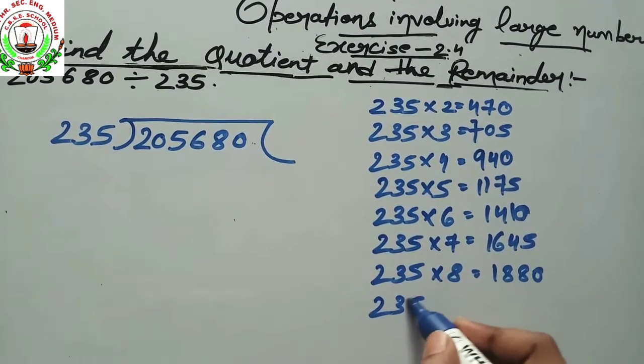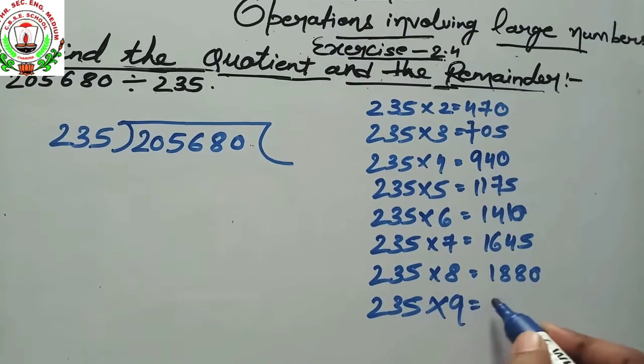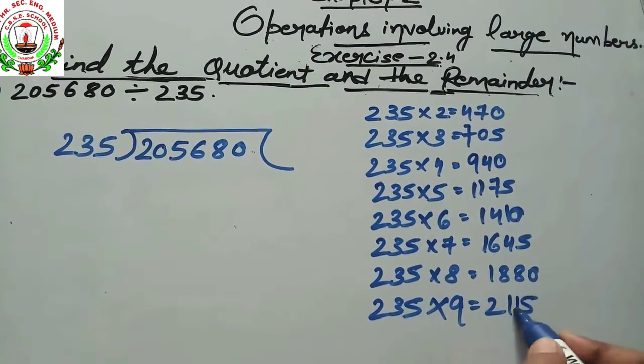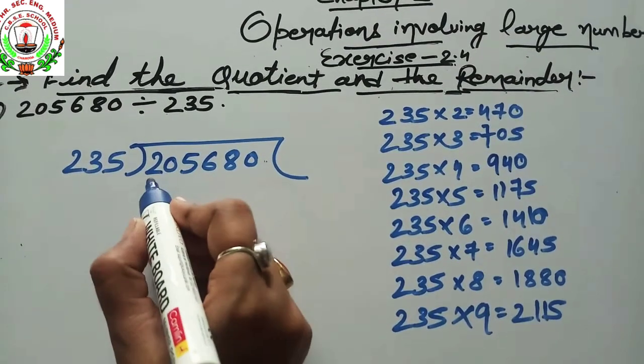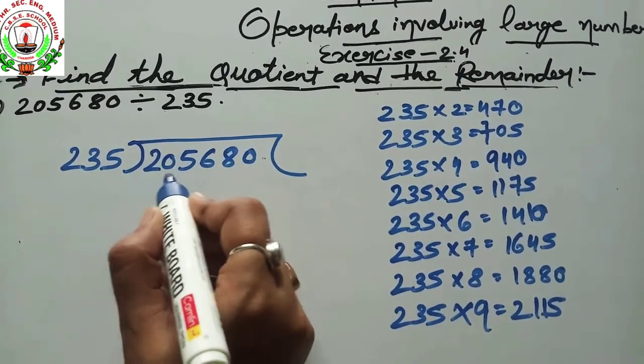And 235 multiplied by 9 is 2115. So the number we have to work upon is these 4 digits.